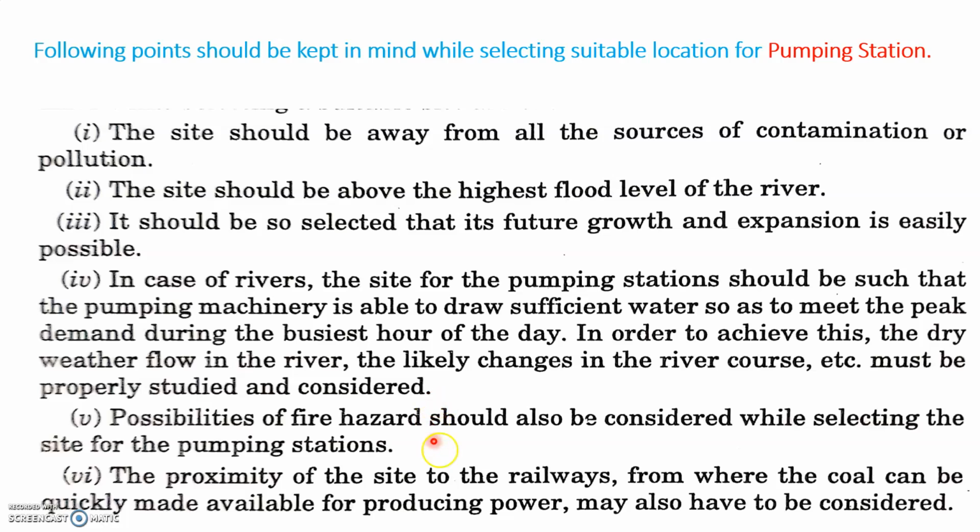When you select the location, you should also consider the probability of fire hazard. Many times, due to overworking and continuous working, the pumps may catch fire. So these are some of the points.